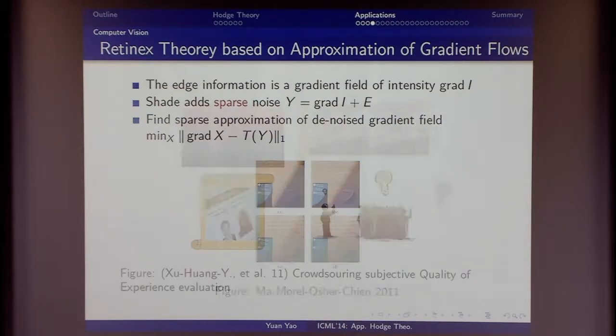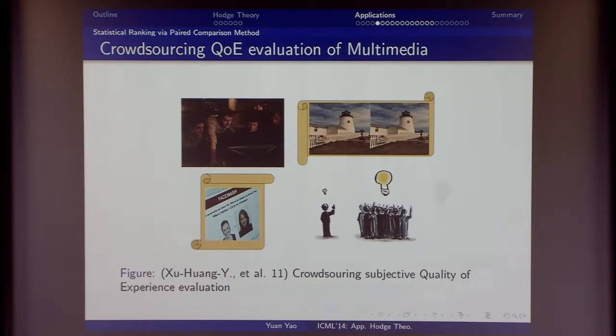So this second example is from computer vision. The third example is from the Multimedia Society, a small society within computer vision. People wonder, you have lots of videos on YouTube, for example, or Facebook, you have lots of pictures.